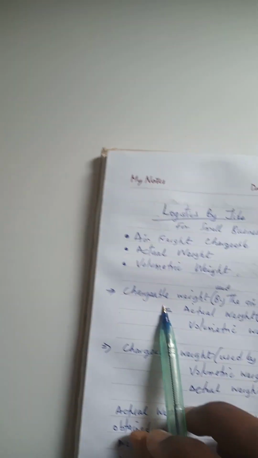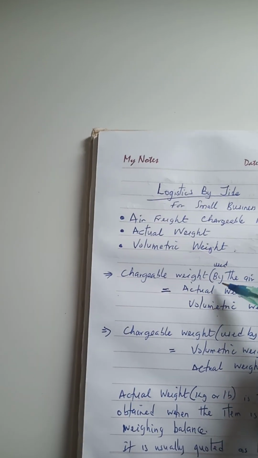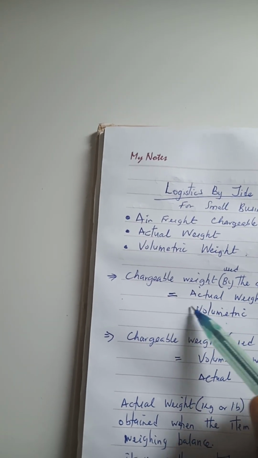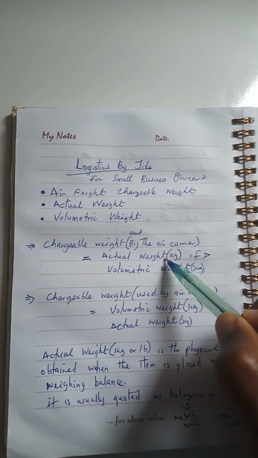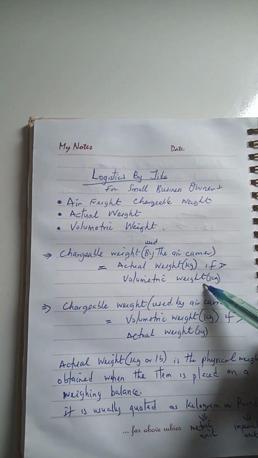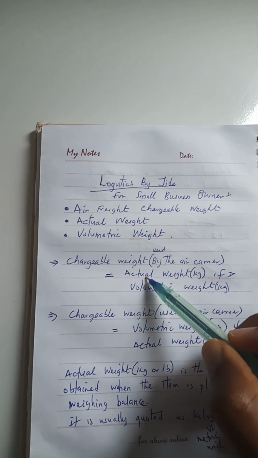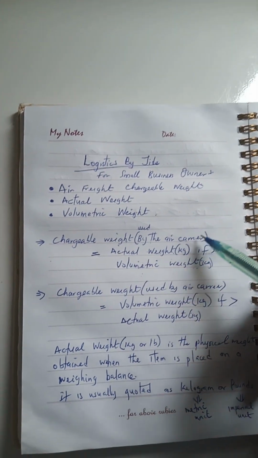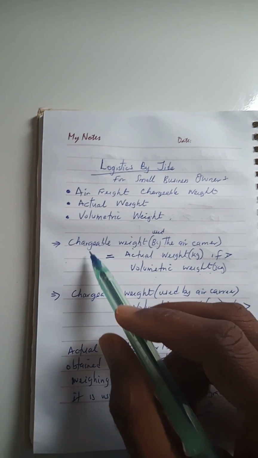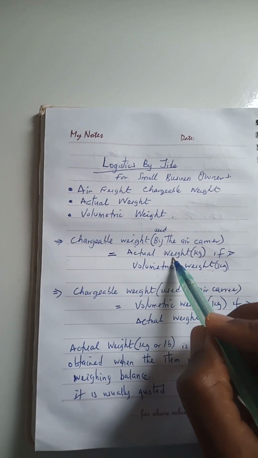The chargeable weight that your air carrier will quote for you will be the actual weight of your items if it is greater than the volumetric weight. If the actual weight of the products you are sending to another country is greater than the volumetric weight, the chargeable weight will be equal to the actual weight.